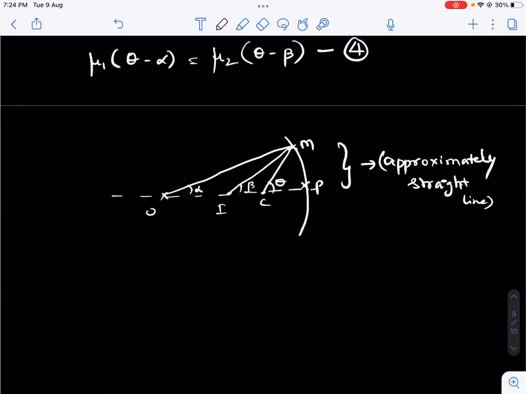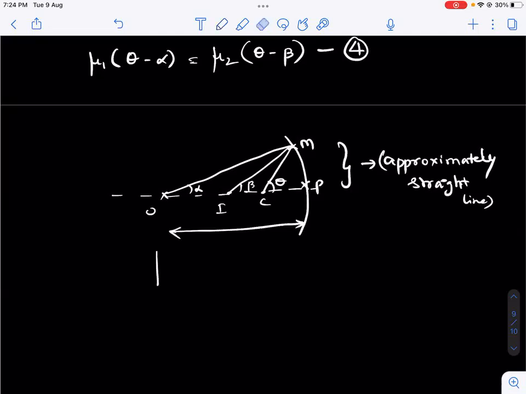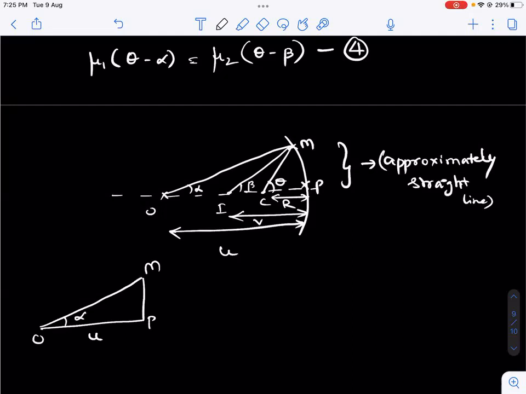In the sense, what I can do is, this distance will be U. This distance will be V, and this distance will be R. Okay. So if I take the triangle MPO, where this is alpha, this is U. So what is tan alpha?